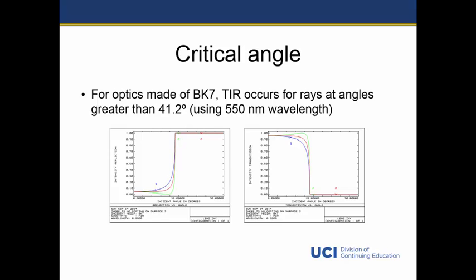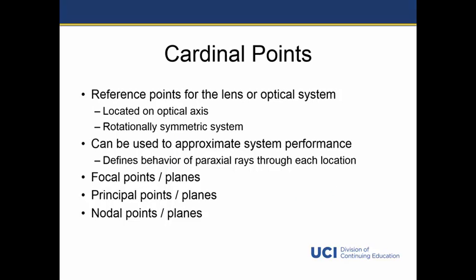So now let's talk a little bit about the cardinal points. Cardinal points are basically reference points for our lens or optical system. The cardinal points are located on the optical axis, and they are part of the definition of a rotationally symmetric optical system.